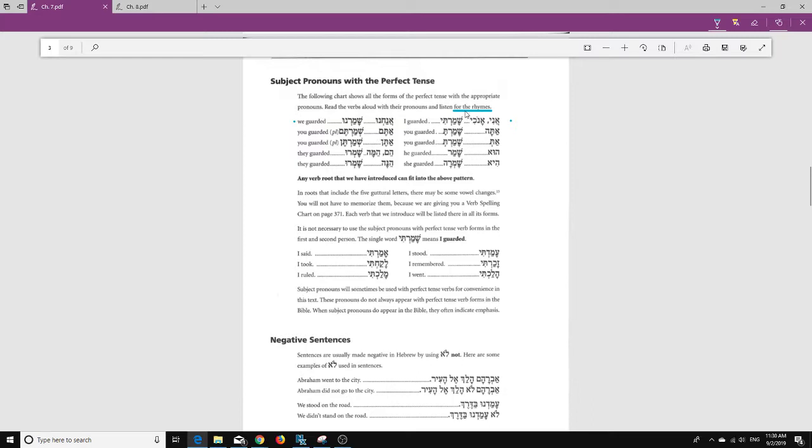So notice again, not all of them rhyme, but some of them do, and that's helpful. So let me just highlight the ones that do. The first person singular, second masculine singular, second feminine singular, first plural, second masculine plural, and second feminine plural. So this is like 60% of our paradigm here that does match.